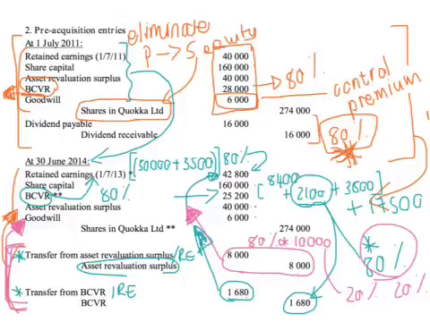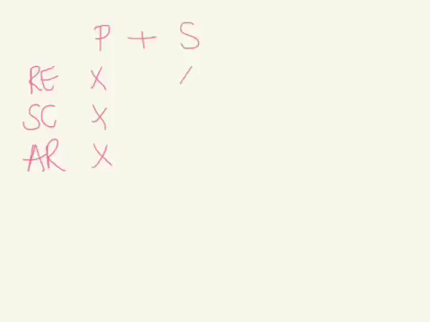So what is left then, if you just think of what happens in the consolidation, is we'll have retained earnings, share capital, and asset revaluation reserve, with balances flowing through from the parent set of financial statements and balances flowing through from the subsidiary's accounting records, and that gives us our combined results.